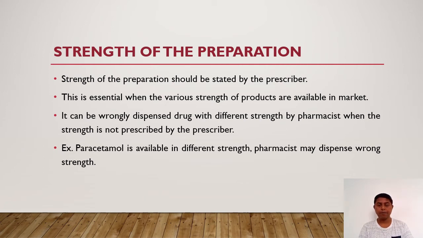For example, paracetamol is available in different strengths. The pharmacist may dispense a wrong strength to the patient. It means that if the prescriber has not mentioned any strength on the prescription for the drug, by mistake a pharmacist can dispense any strength of drug to the patient. Therefore, mentioning the strength on the prescription is important.